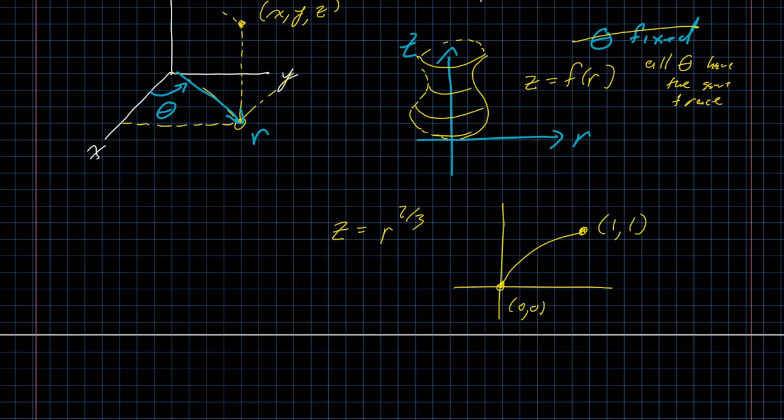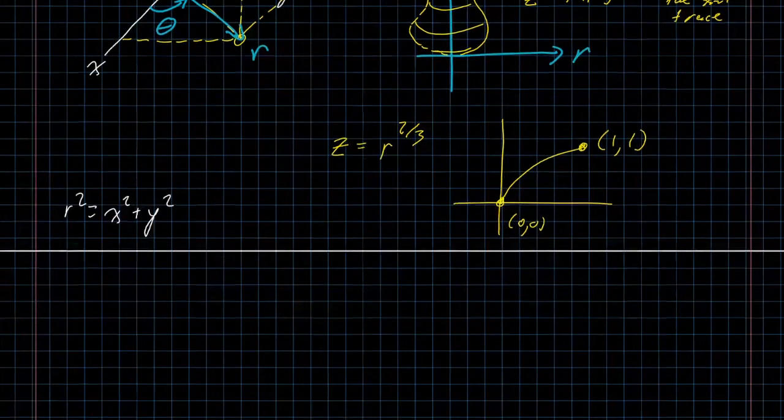If we want this to be a surface of revolution, we can convert from cylindrical coordinates into rectangular coordinates using the rule that r squared equals x squared plus y squared.